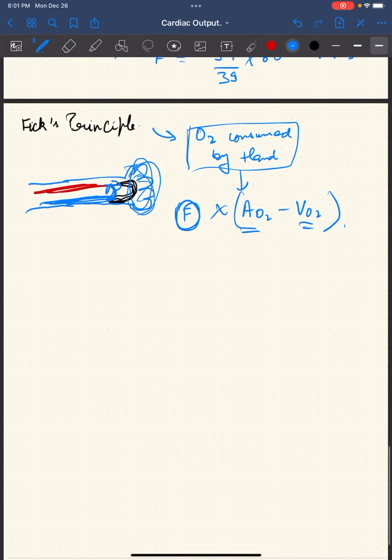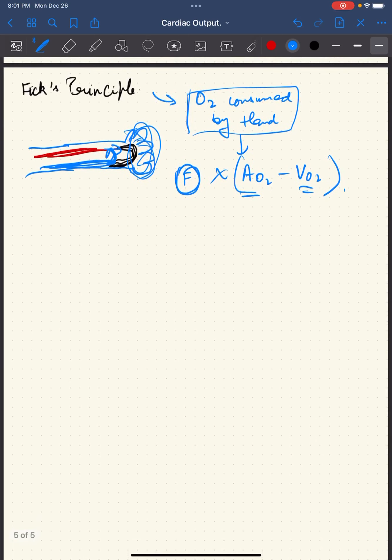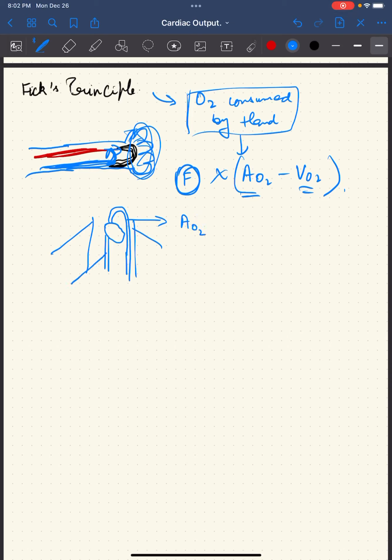Similarly, when we consider this with, suppose this is my body, and I have my heart over here, and this is my aorta, and this is my inferior vena cava. I'm considering this AO2 and this as VO2, the oxygen concentration here and here.